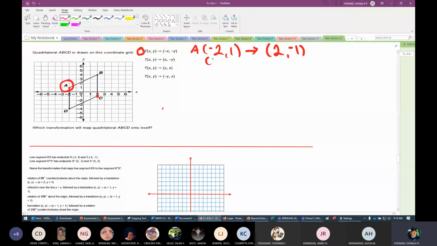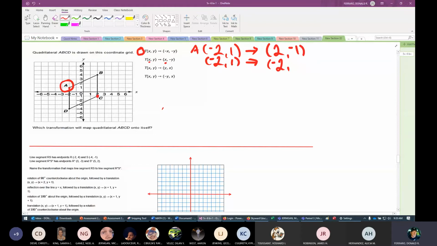Again, I've got -2, 1, and we are going to map that one to where x stays the same. See, x here and x here, they stay the same. So I've got -2, and positive y is going to convert to -y.